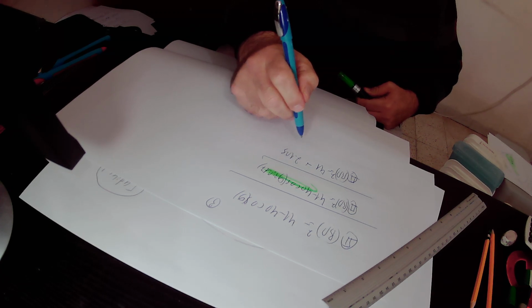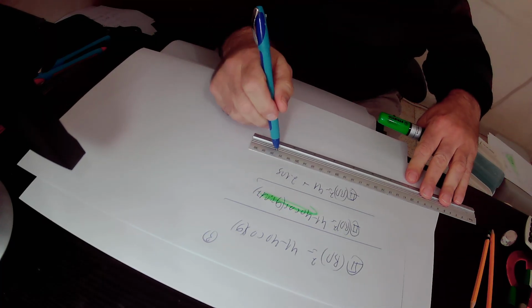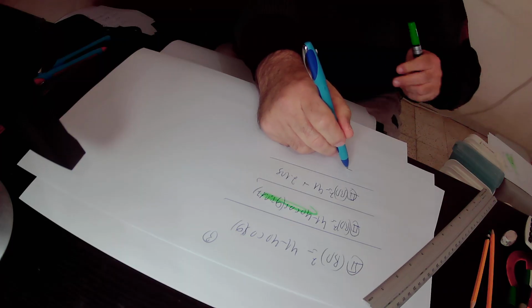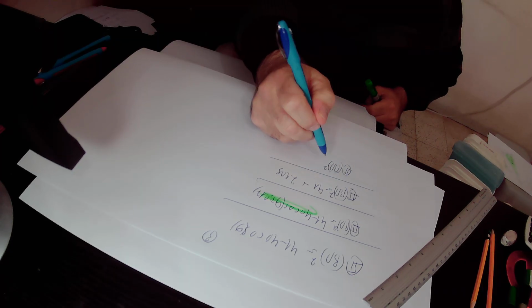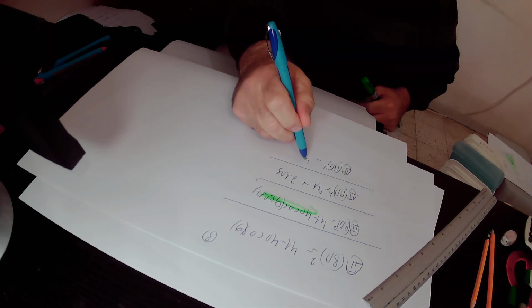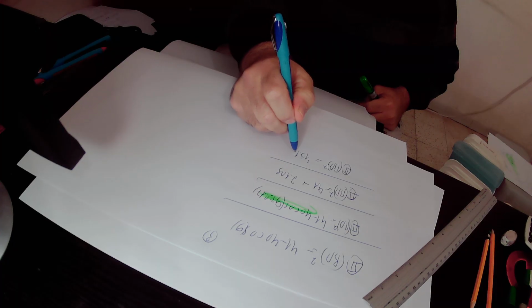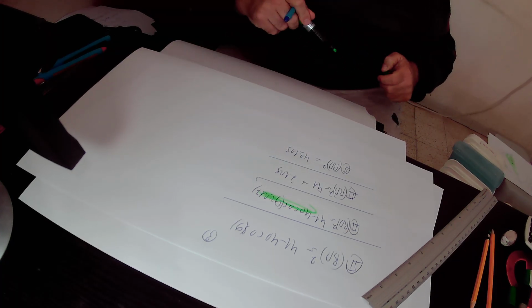So in total, we found out that BD squared equals 41 plus 2.105, which equals 43.105.